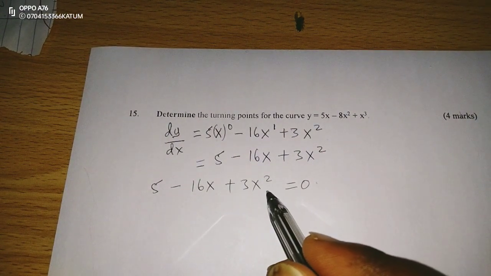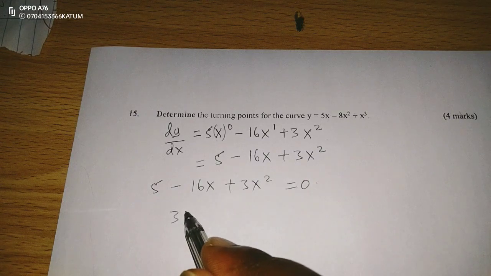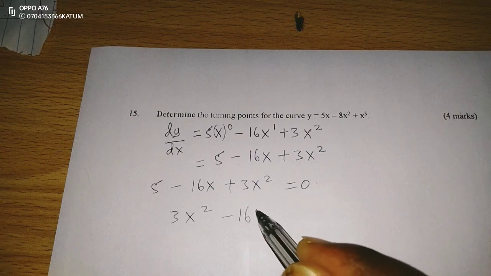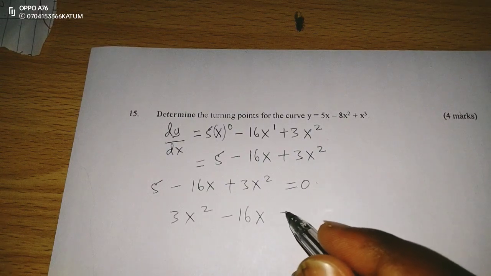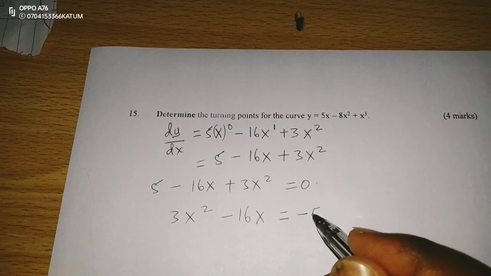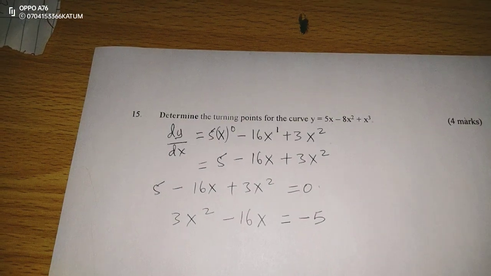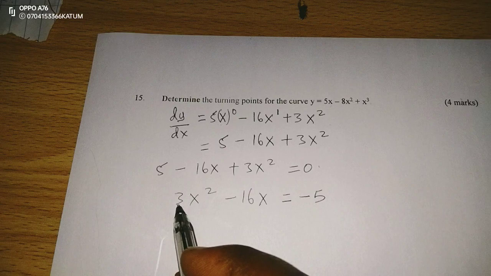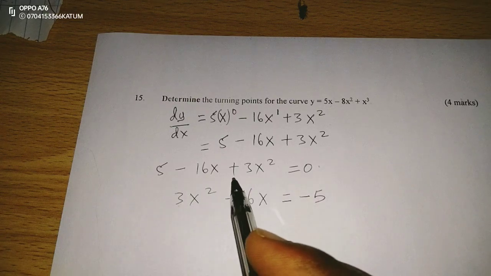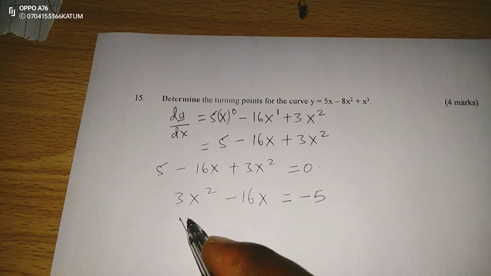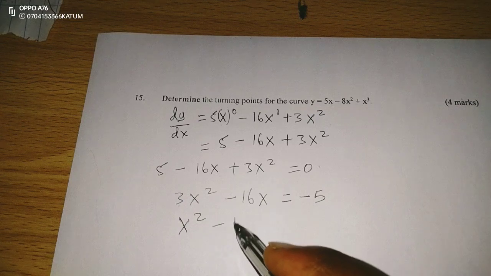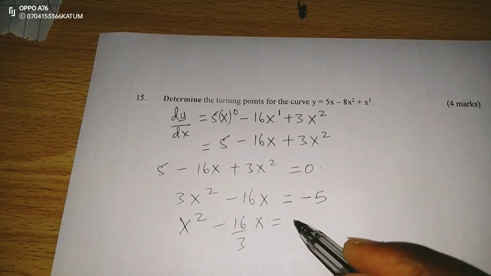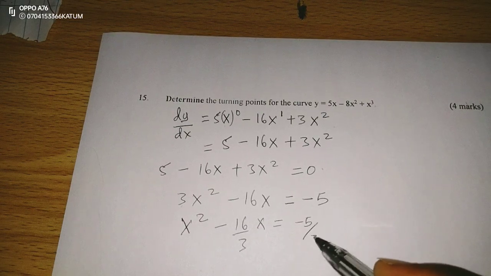So let me begin by having 3x squared minus 16x, and we take 5 to the other side where it becomes negative. The next thing is to divide through by 3 to make the coefficient of x squared 1, to remain with x squared minus 16 over 3 x equals negative 5 over 3.